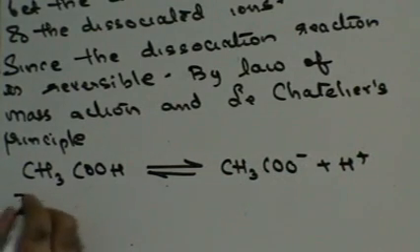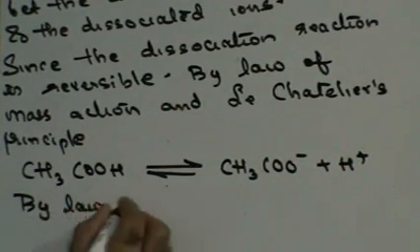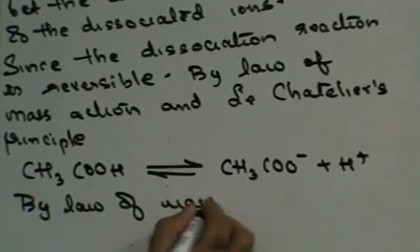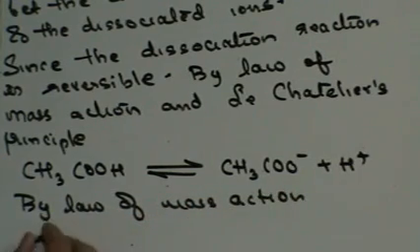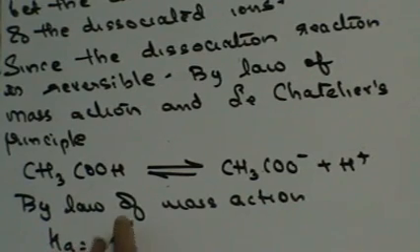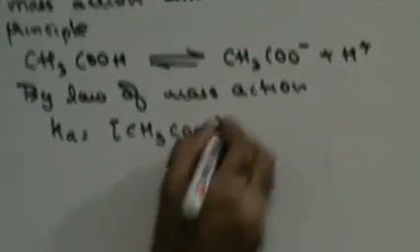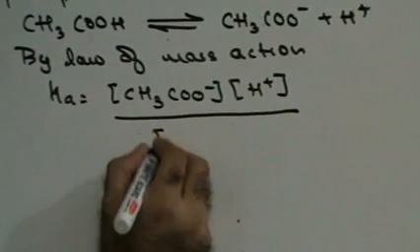Law of mass action: the dissociation constant of the acid is the active mass of the products upon the active mass of the reactant.